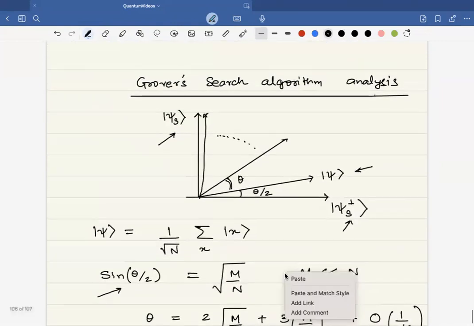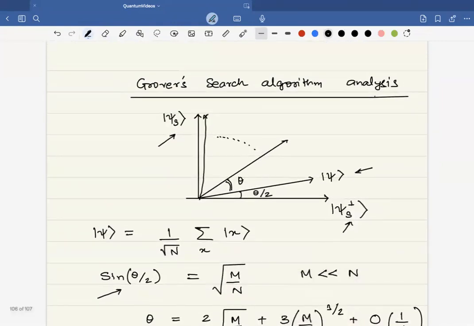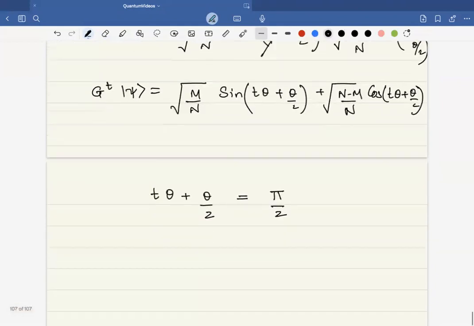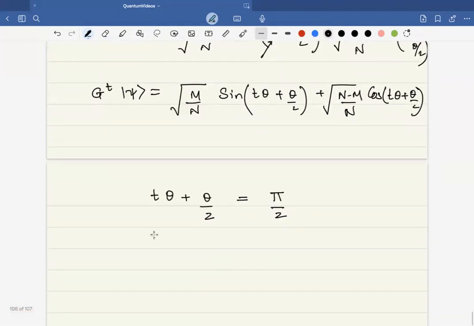So initially we have this angle theta over 2, right? And the number of rotations is equal to pi over 2 theta minus half, right? That should be the number of rotations.